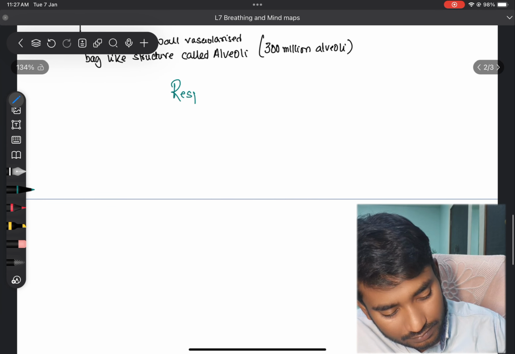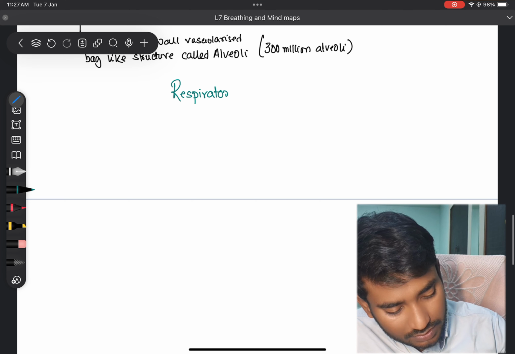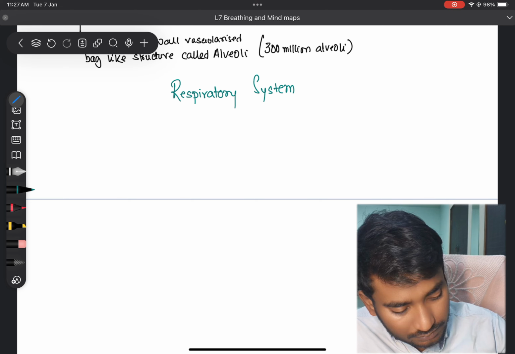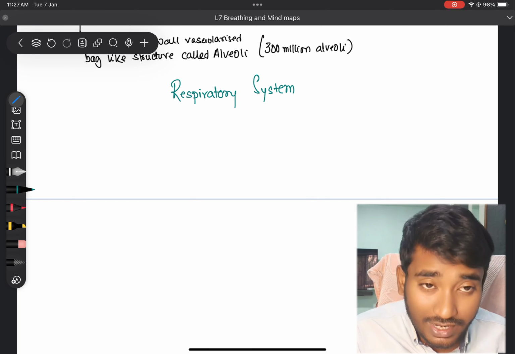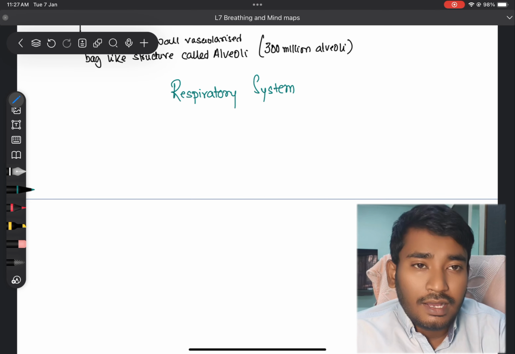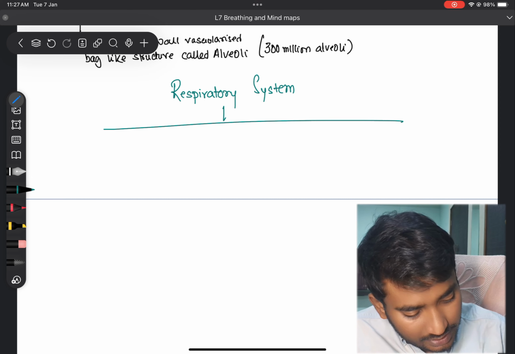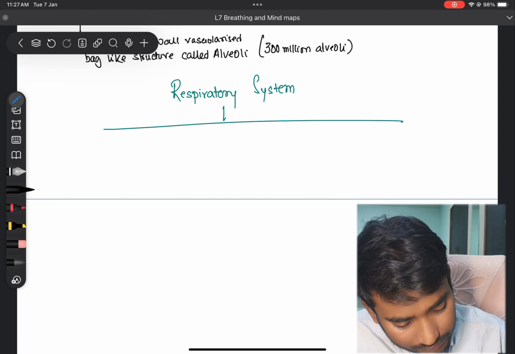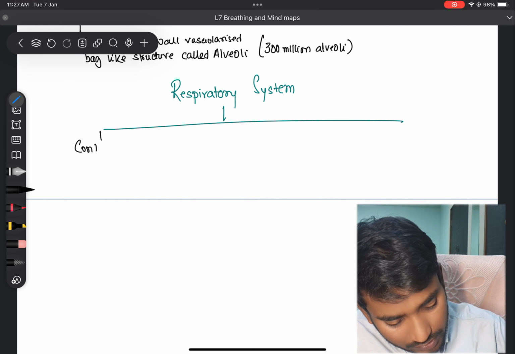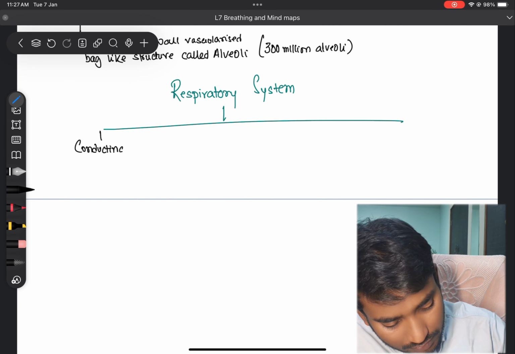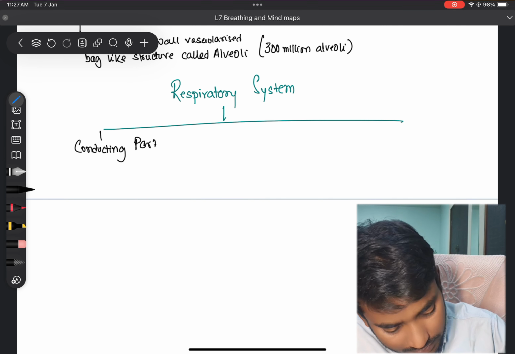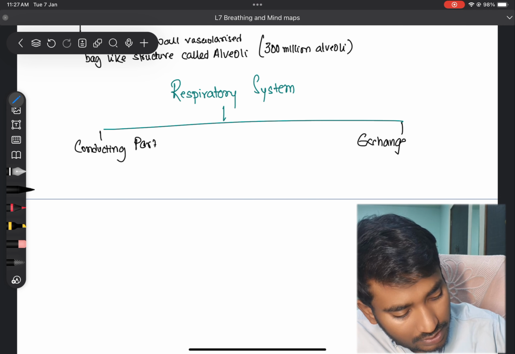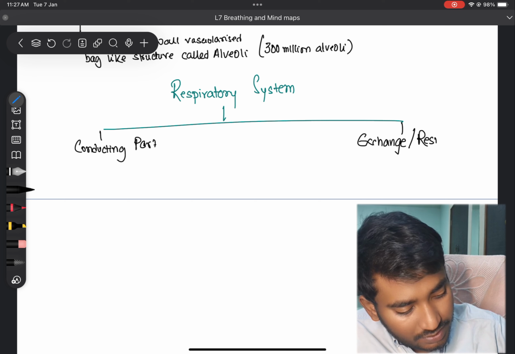In the respiratory system, what we have studied, it can be divided into two: the conducting part, and the exchange or respiratory part.